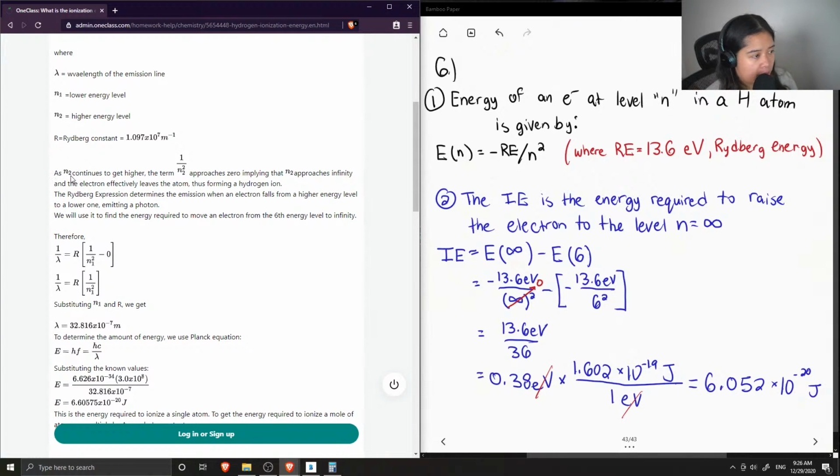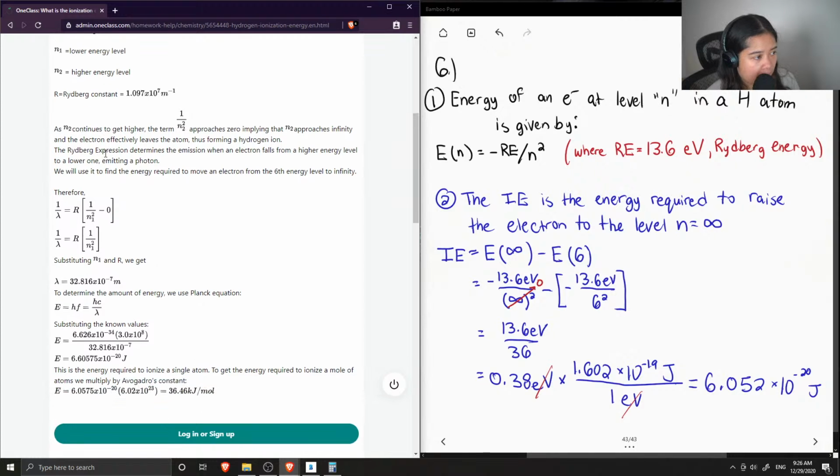As N2 continues to get higher, the 1 over N2 squared term approaches 0, implying that N2 approaches infinity and the electron effectively leaves the atom, thus forming a hydrogen ion. The Rydberg expression determines the emission when an electron falls from a higher energy level to a lower one, emitting a photon.